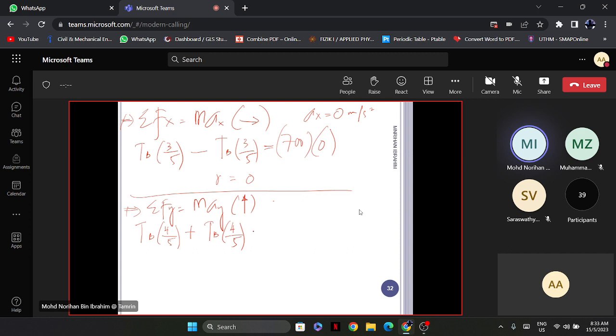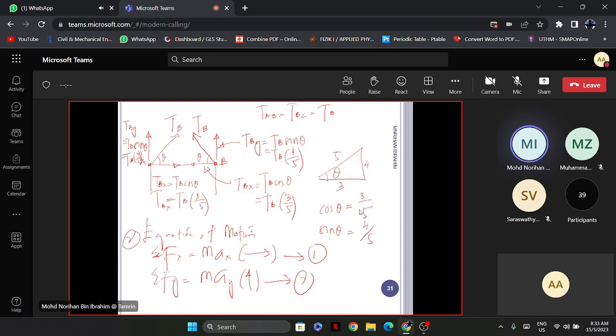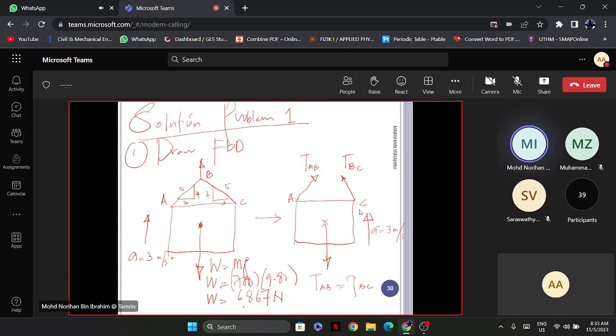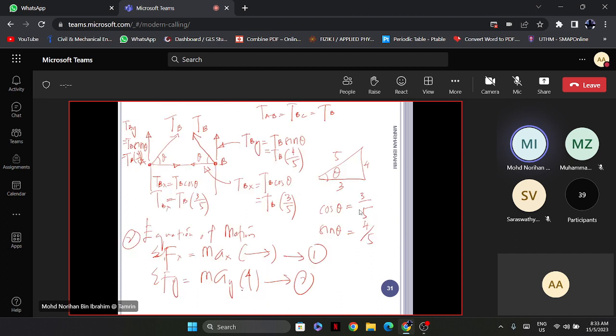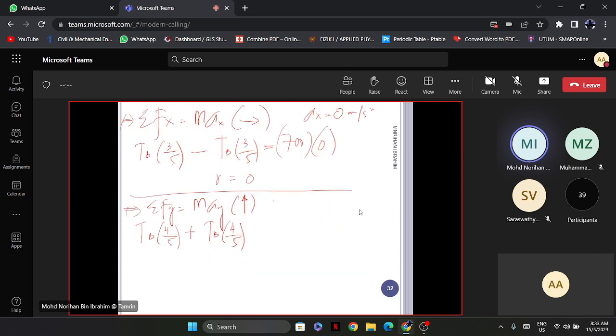We have W, which is equal to 6867 Newton, directed downward. We need to subtract this W, 6867 Newton. What else?